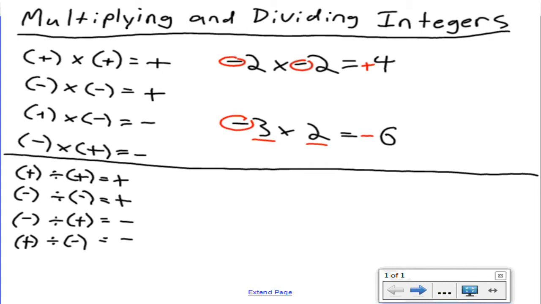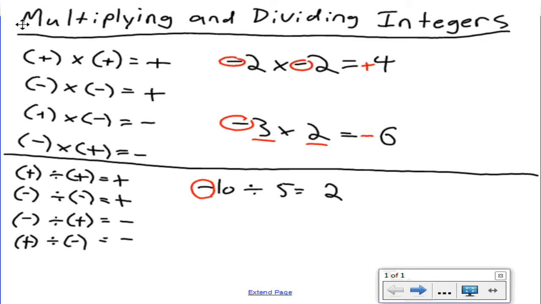So a quick, simple question here. Negative 10 divided by 5. Ignore the symbols. Okay? 10 divided by 5 is 2.